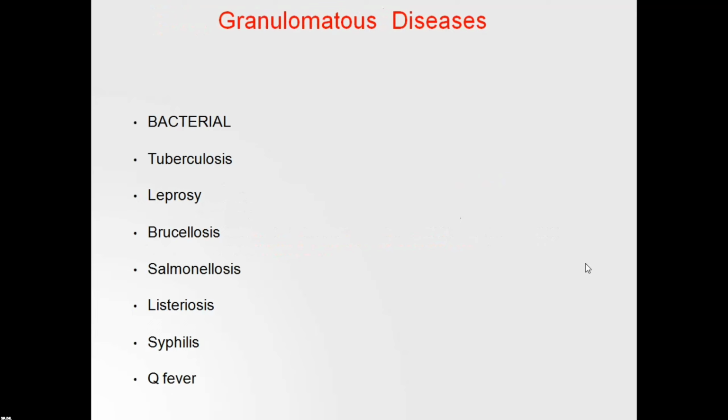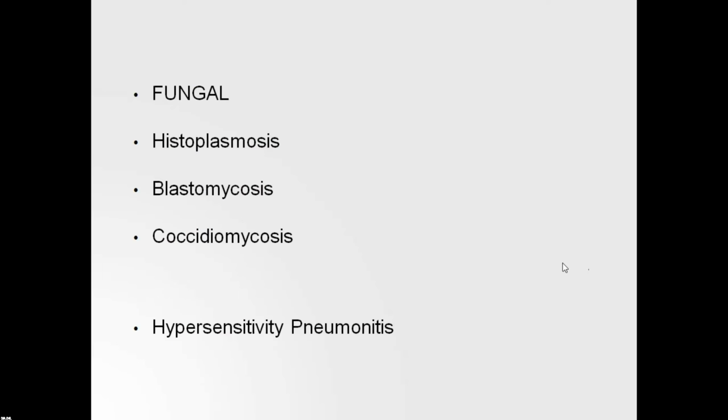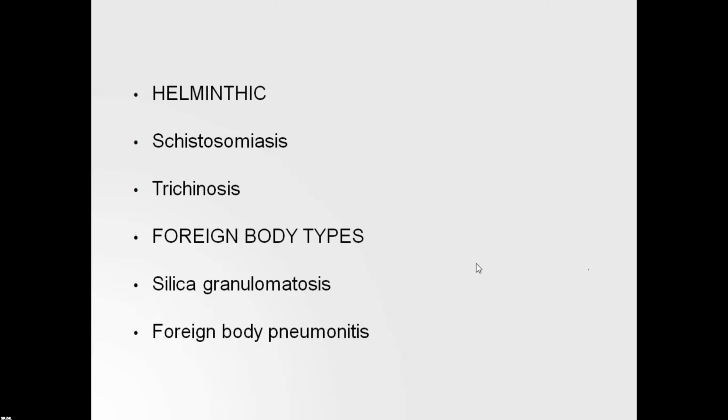Granulomatous disease, the most common causes: bacterial, such as tuberculosis, leprosy, brucellosis, salmonellosis, and Q fever. Fungal, such as histoplasmosis, blastomycosis, coccidioidomycosis, and hypersensitivity pneumonitis. Helminthic infections, such as schistosomiasis and trichinosis.